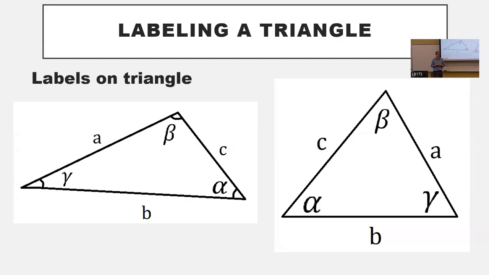So that's always going to be the convention in these next couple of sections. That's the standard convention of triangles. And it doesn't matter whether our triangle is obtuse, whether it's acute, or whether it's a right triangle. We'll still use that same convention.